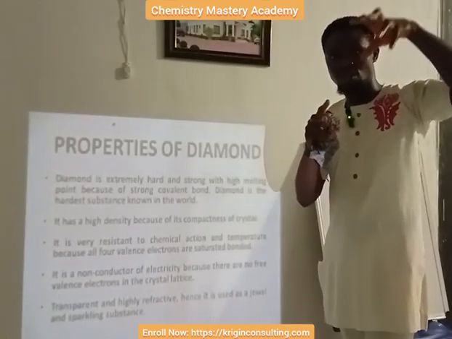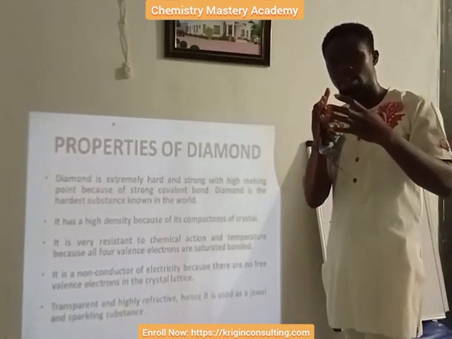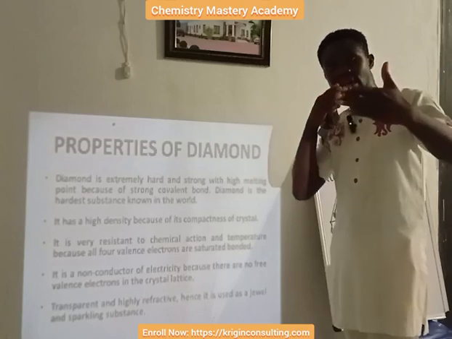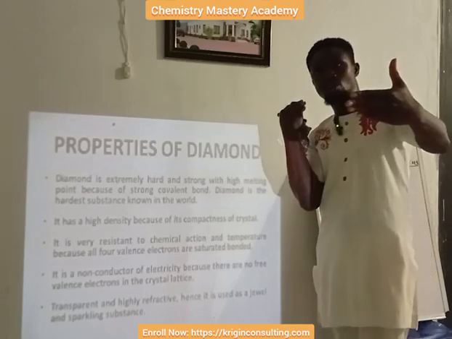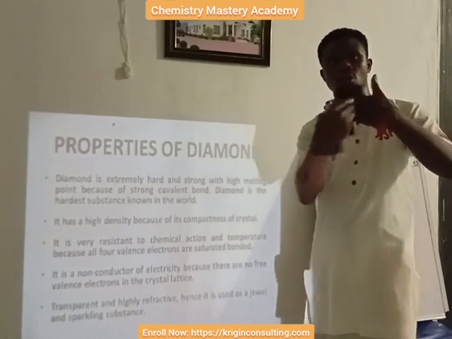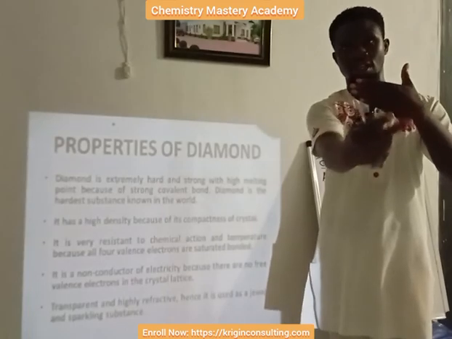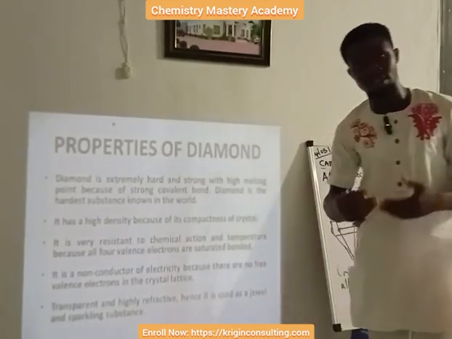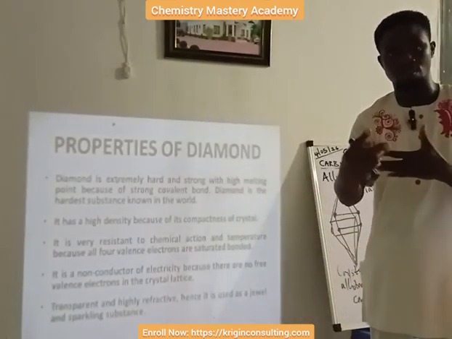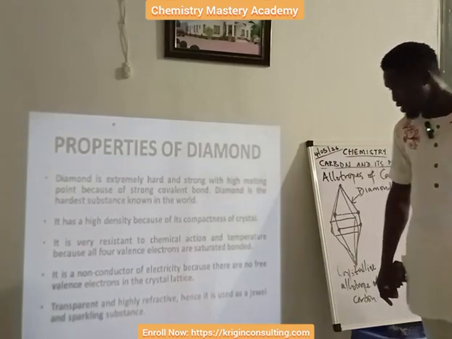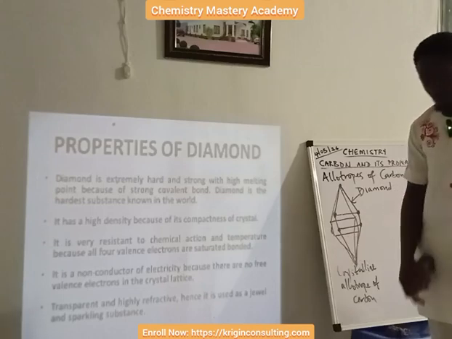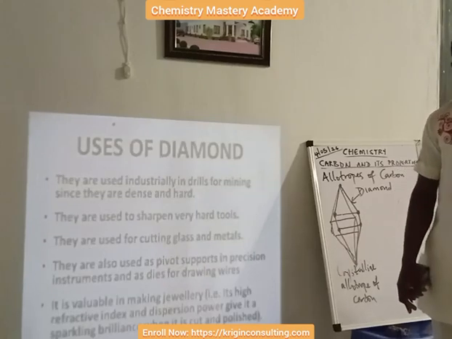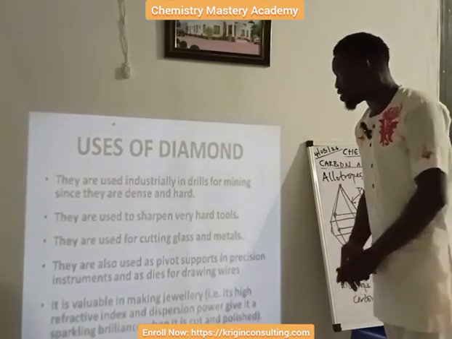Refraction is the process whereby the light that enters a substance, instead of returning back to the source, will come out through the other side. Exactly. So diamond has this characteristic of refraction. That's why we use it to make our jewelries and sparkling substances.